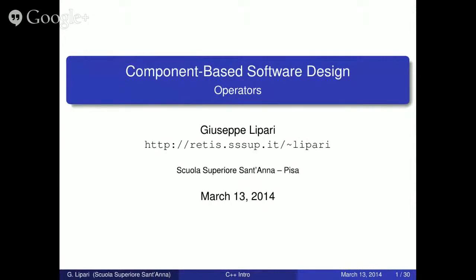Okay, so yesterday you have seen how to use references, what's the difference between references and pointers, and we have started to see how the copy constructor works, so how to customize the copy of objects by using copy constructors. Of course, we will go back to this kind of topics, but before that, let's start discussing a little bit about operators.